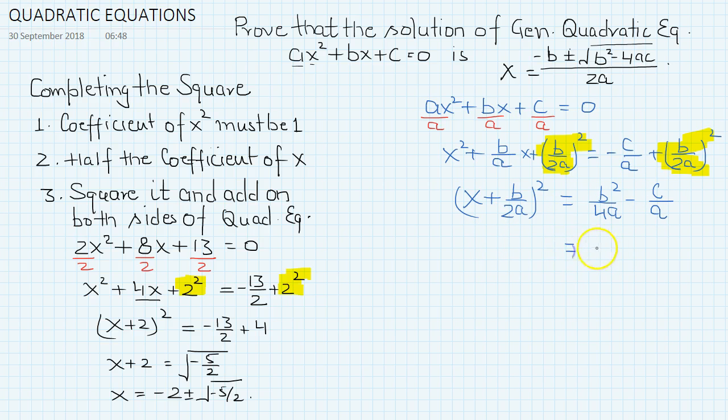If I simplify it further, I take the LCM, that is 4a square, and this is b square. To make it 4a square, I have to multiply c over a by 4a, so this is minus 4ac.